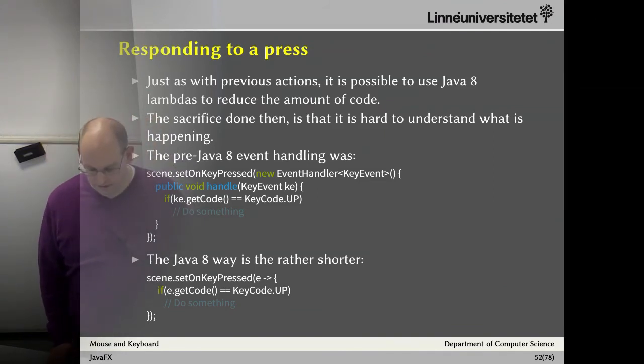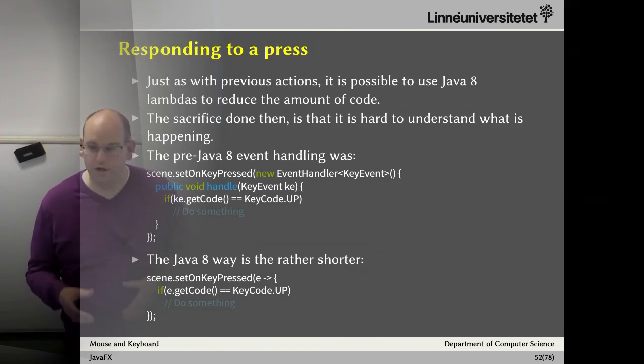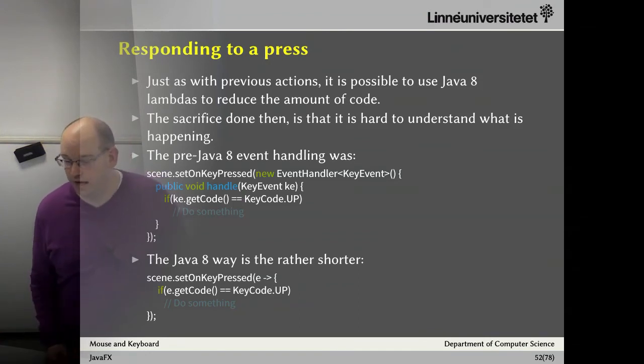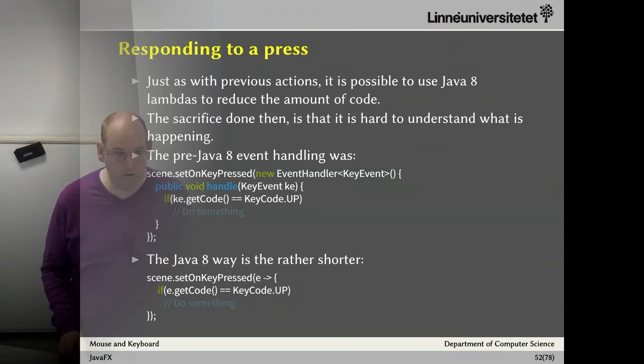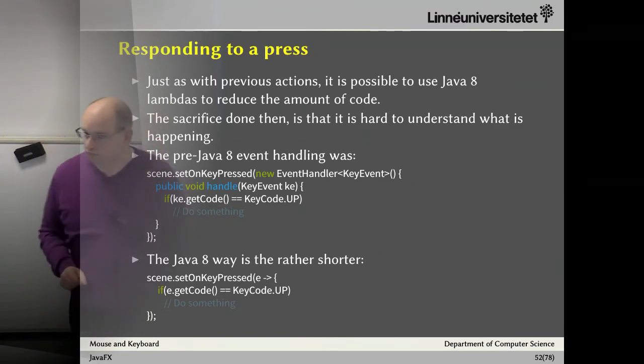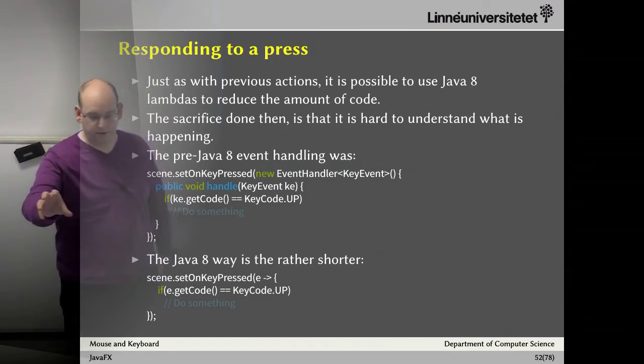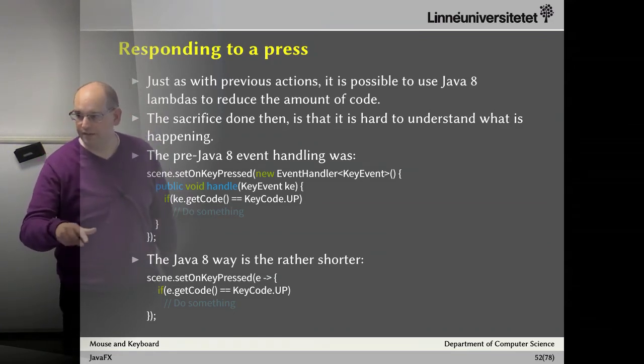Something to notice in this example here is that I choose to attach the listening of key presses to the scene itself. You can, if you like, add this to any one control. So if you focus on the image view, for example, you can press different keys if you like.